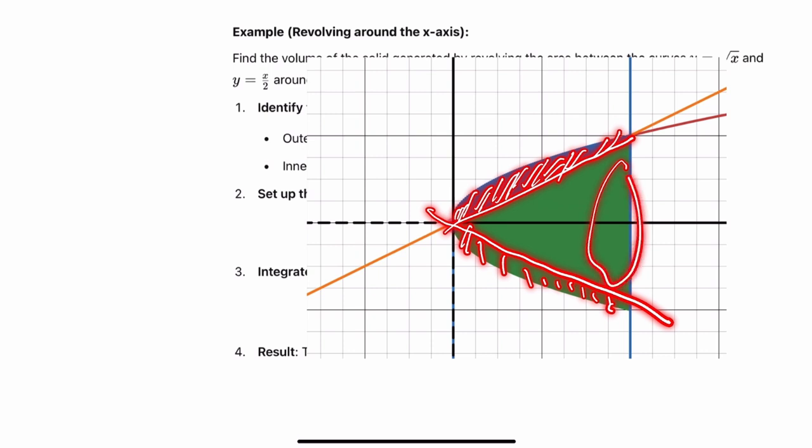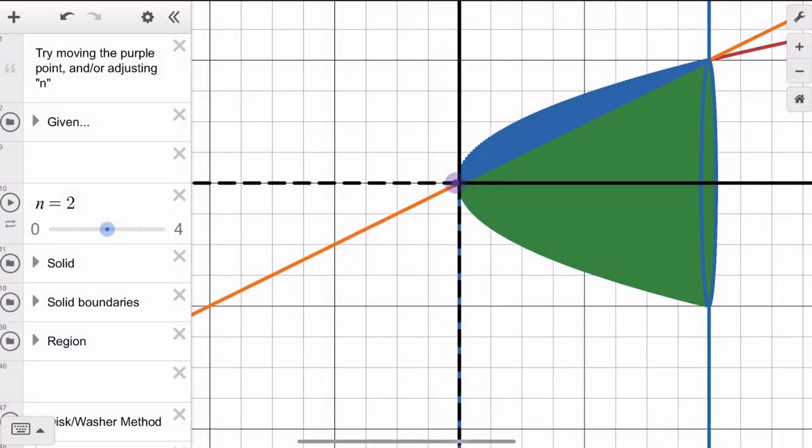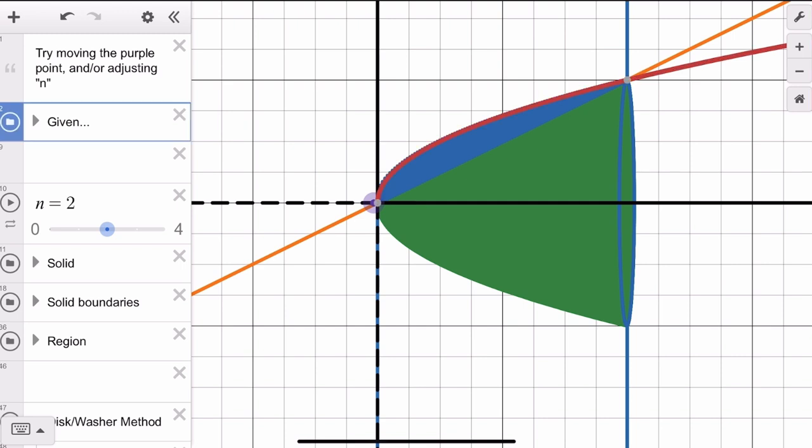Let me show you this in the real world, how it looks like. This is our solid, and this is our function square root of x, and this is our g of x equal to x over 2.